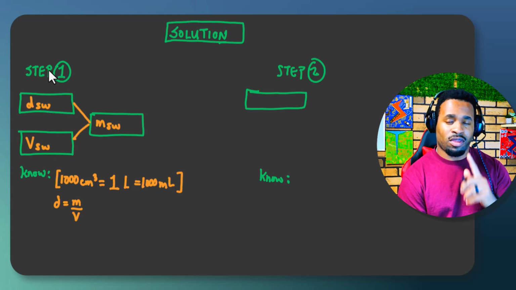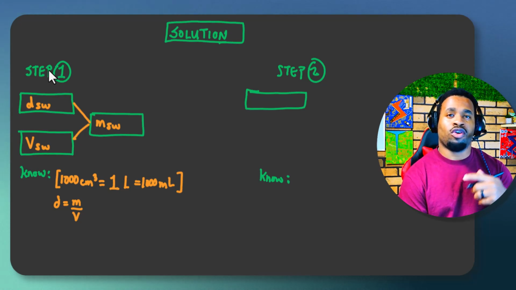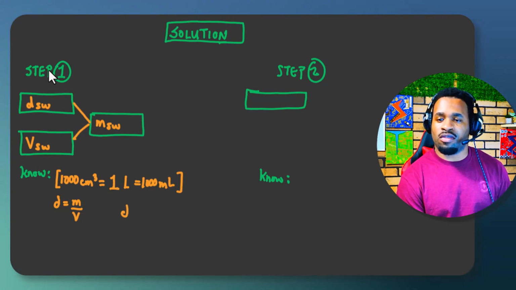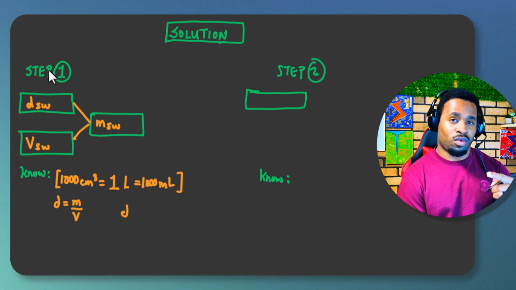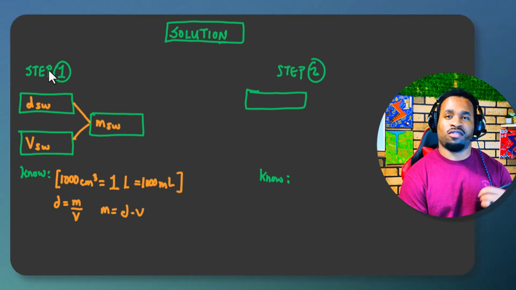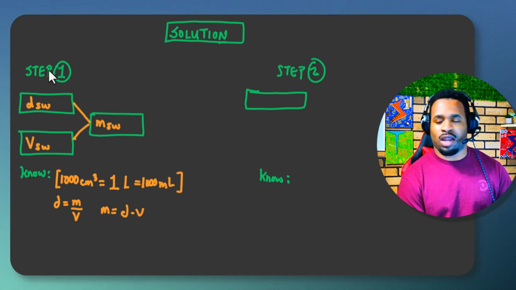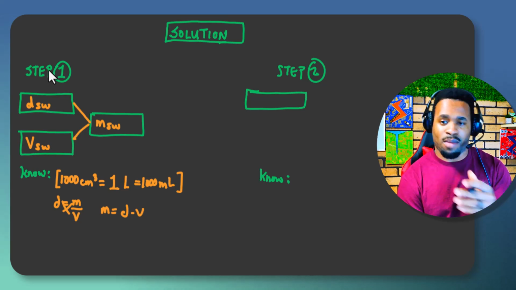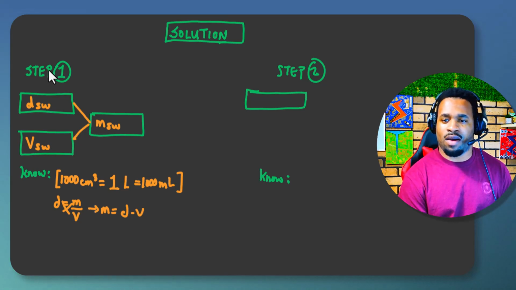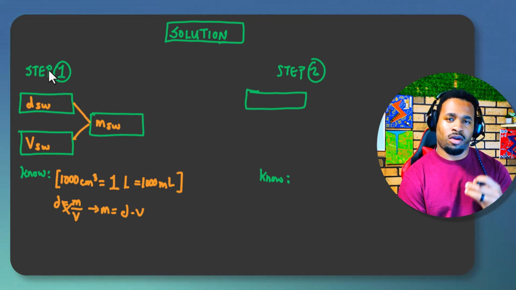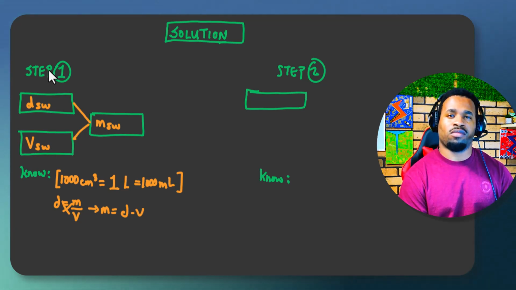Now this question allows us to use the 2 variables, and we need to do what with the density? Multiply it by the volume in order to find the mass of the seawater. You can accomplish this, remember, by cross multiplying. Once we have these formulas set up, we can incorporate this into our problem to find the answer.